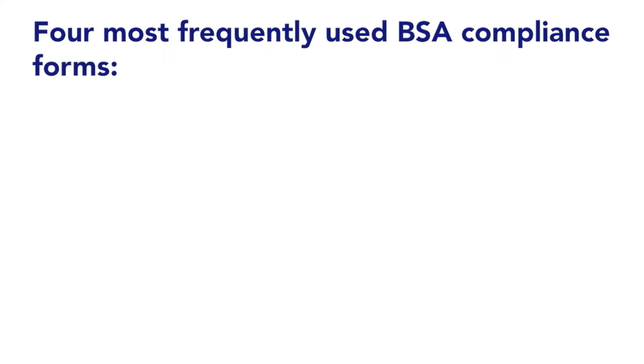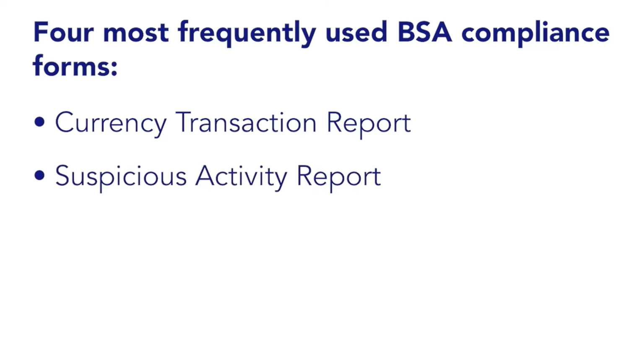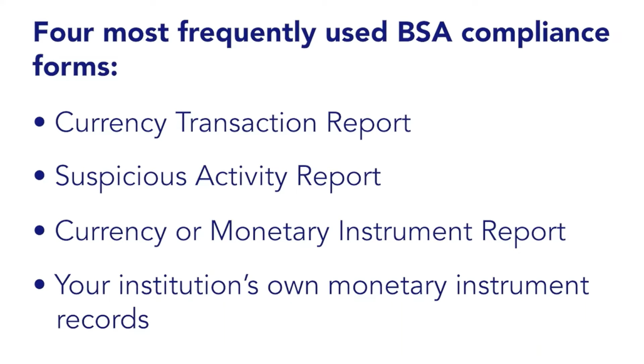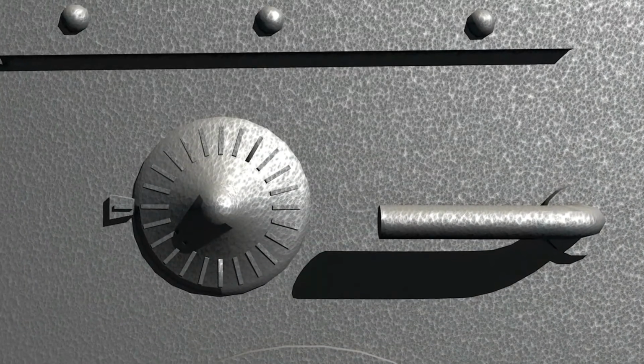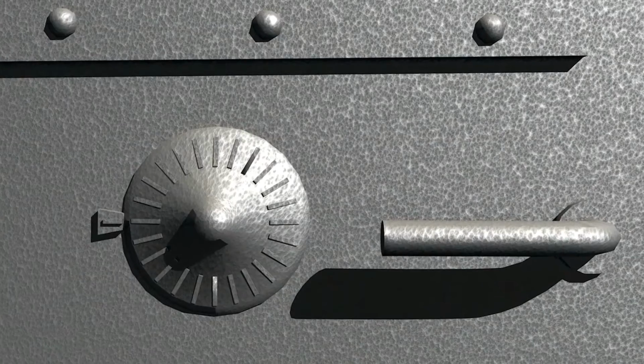And the 4 most frequently used forms you must use to comply with the BSA are the Currency Transaction Report, Suspicious Activity Report, Currency or Monetary Instrument Report, and the monetary instrument records used by your institution. The Bank Secrecy Act also imposes rules for the collection and verification of identifying information.